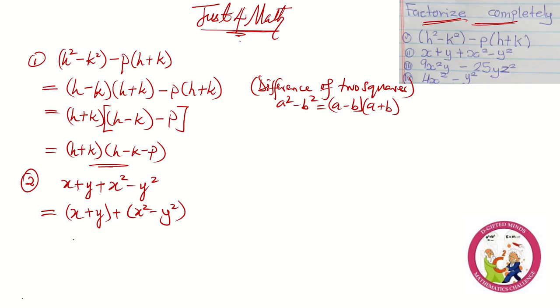Now this will then be given as x plus y plus, with a square bracket opened, x minus y, by applying difference of two squares, times x plus y.